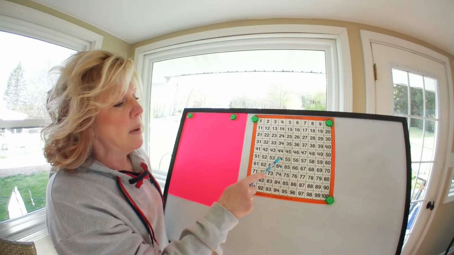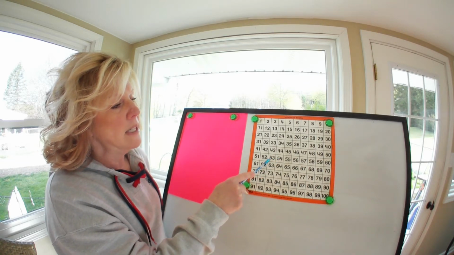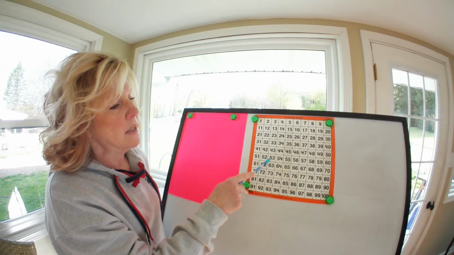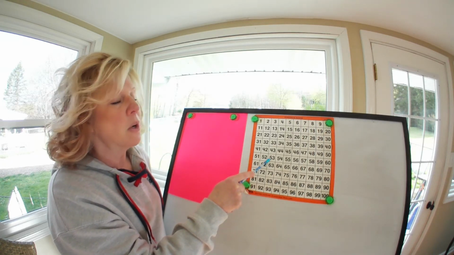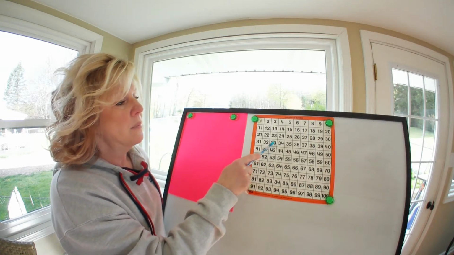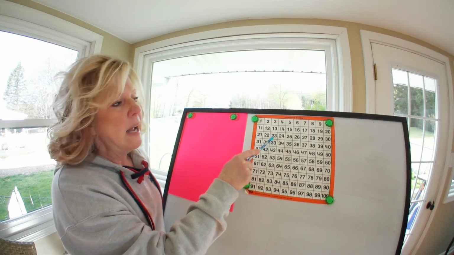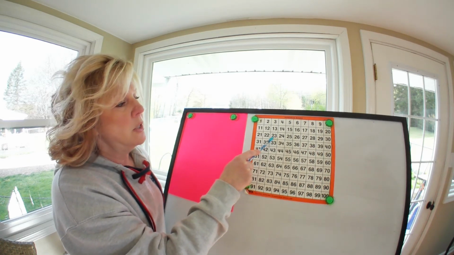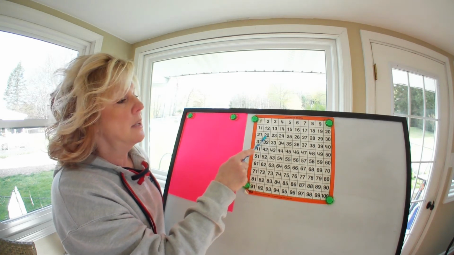I want to go backwards 2. 1, 2. Now what if I say to you, I want you to subtract 30? That means we're going up. Ready? 10, 20, 30. Now what if I say, I want you to subtract 2. So I'm going to go 1, 2.